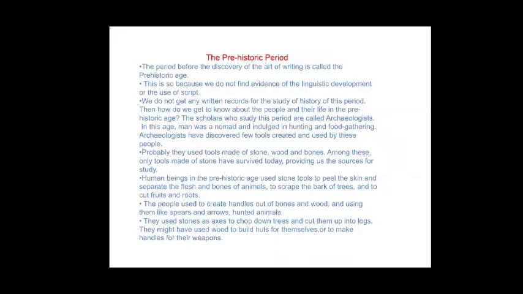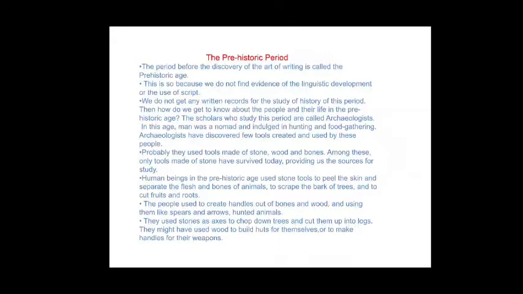One question came, children: how do we get to know about the people and their life in the prehistoric age? Many scholars say that those who study this period are called archaeologists. Only archaeologists can understand and start the study.